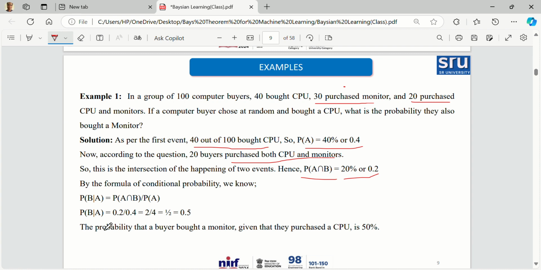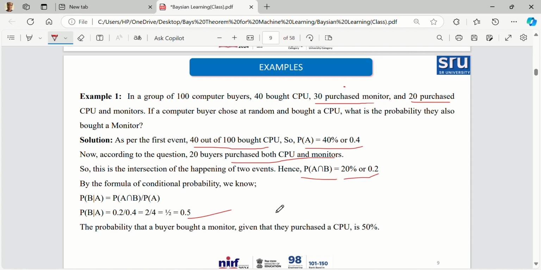So probability of B given A is probability of A intersection B, that is 0.2, divided by probability of A, that is 0.4. So you get 0.5. It concludes that the probability that a buyer bought a monitor given that they purchased a CPU is 50%.